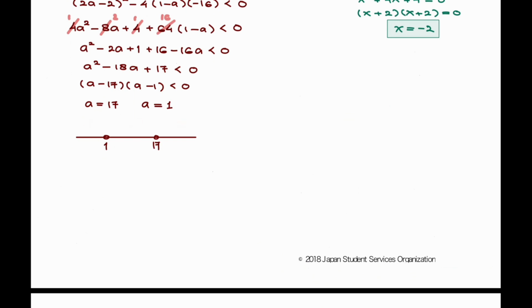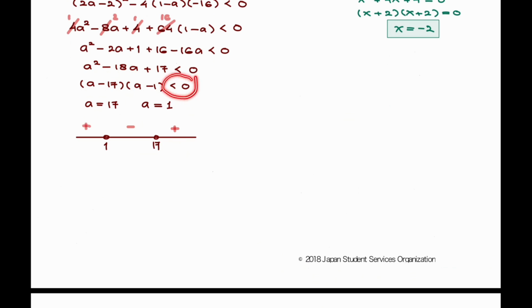If I substitute 18 into my expression, 18 minus 17 times 18 minus 1, the sign in this region is positive. By the same method, you can check the sign in this region by substituting, let's say, 2: 2 minus 17 times 2 minus 1. Your answer is negative, so the sign here is negative. And the sign in my last region is positive.